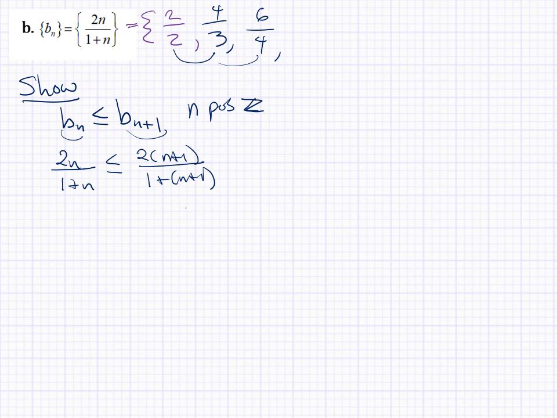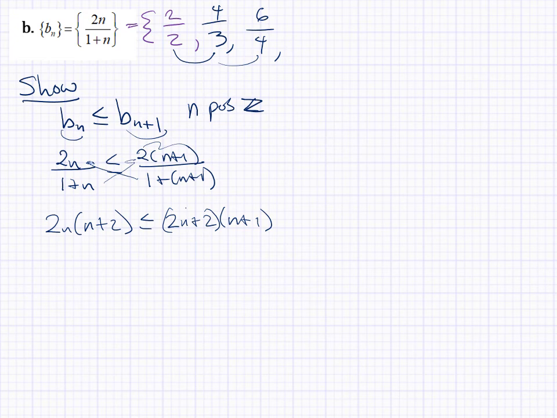I could cross multiply so that I can get rid of the fractions. So I'll have 2n times n plus 2 is less than or equal to 2 times n plus 1 times n. And I just distribute this 2 in.